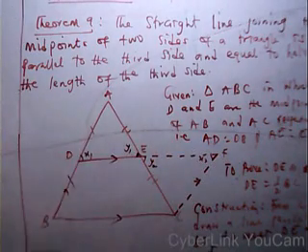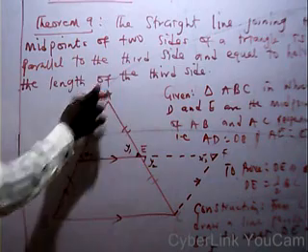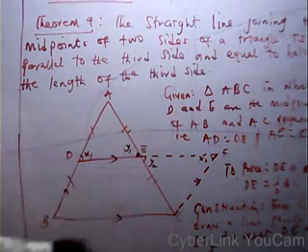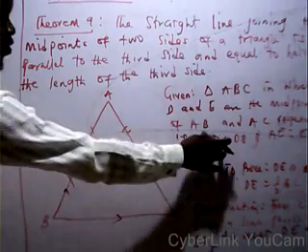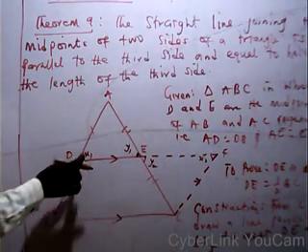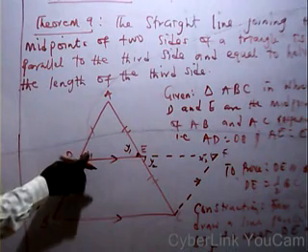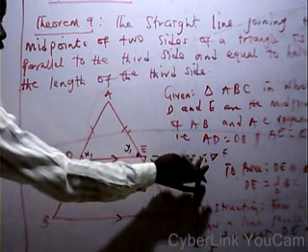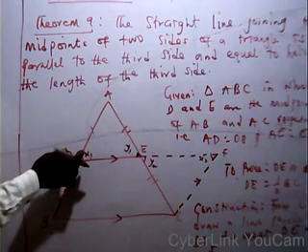From what we have done so far, DE is equal to EF. Why? Because if you consider triangle ADE and CEF, they are congruent. In the sense that this one is X1 and this one is X2, and X1 and X2 are the same thing.